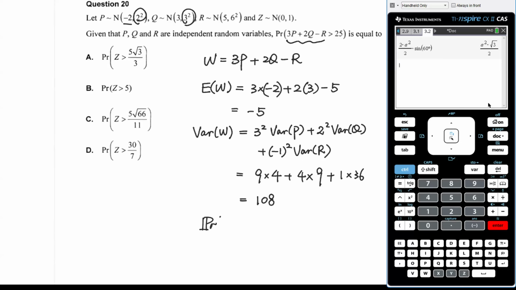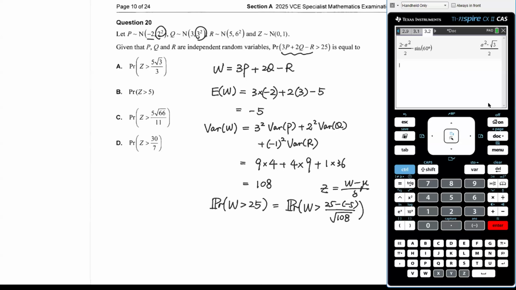Therefore, to standardize this probability statement, W is greater than 25. We use Z equals to W minus mu divided by sigma. And that is probability W greater than 25 minus negative 5 divided by square root of 108, because 108 is the variance.